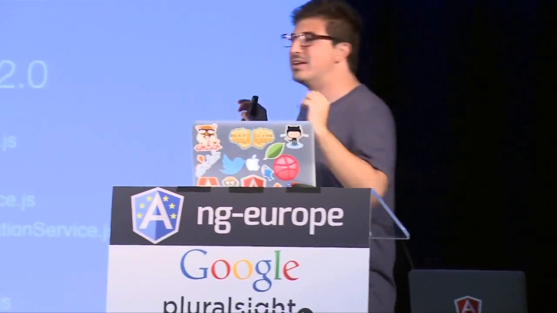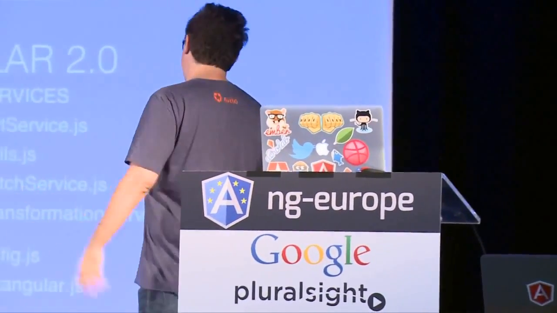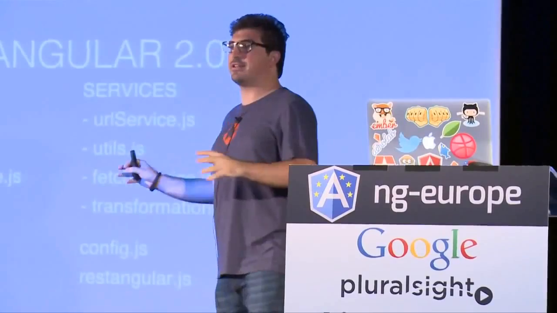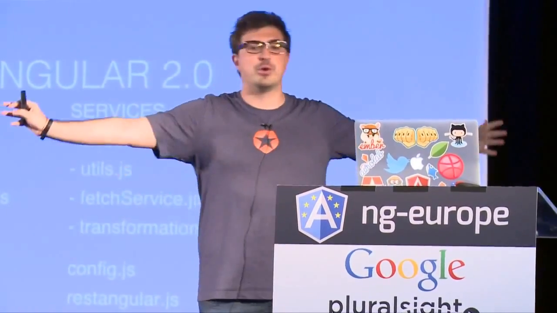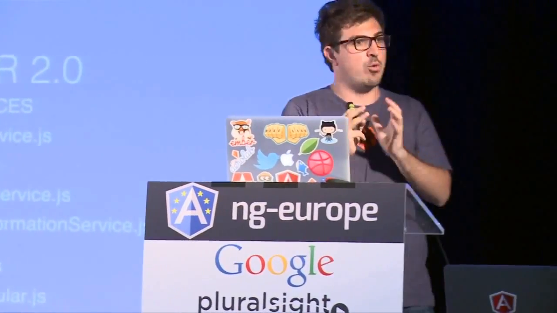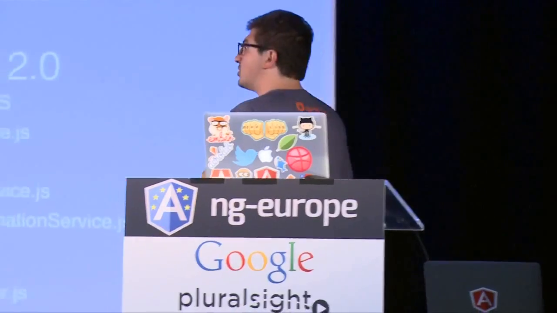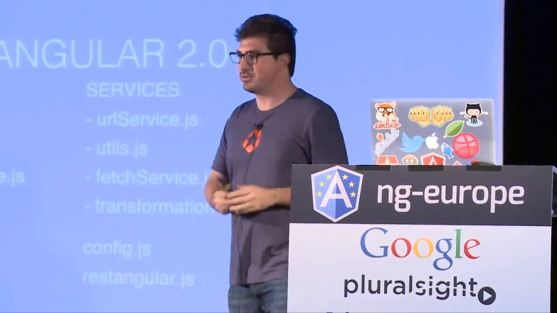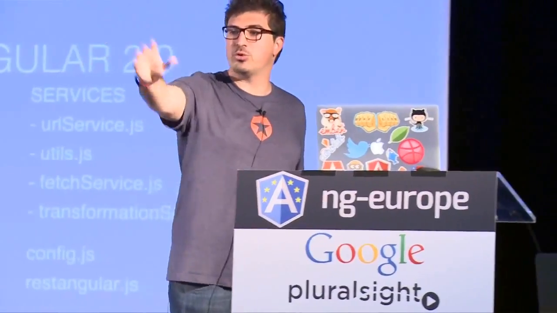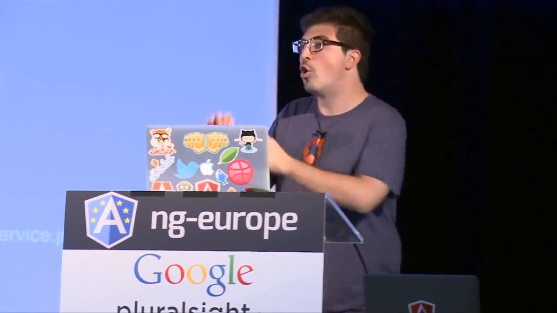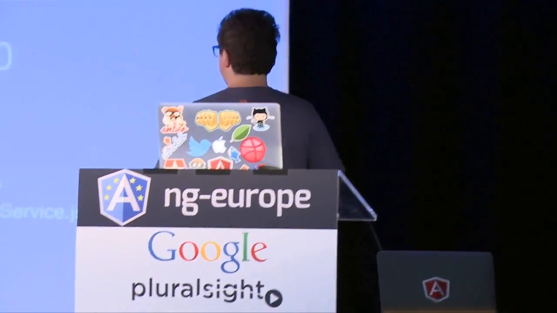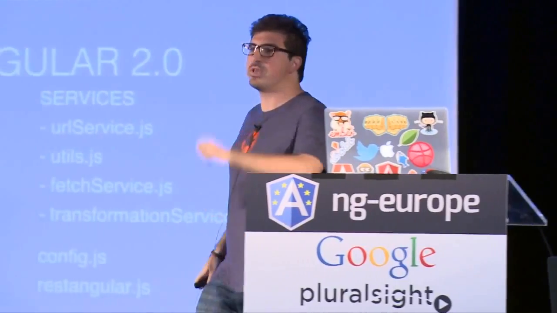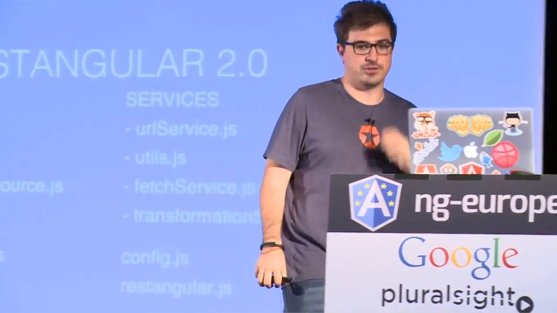And my main idea is that the configuration now is going to be something kind of similar to the application context. The idea is that the configuration will hold all the configurations, and then the configuration will be the one that takes care of instantiating all the services. So it's the one who will instantiate the URL service. And instead of setting the config on the URL service, what it will set is only the configuration that is needed. For example, the URL service needs to know if I'm using absolute URLs or not.